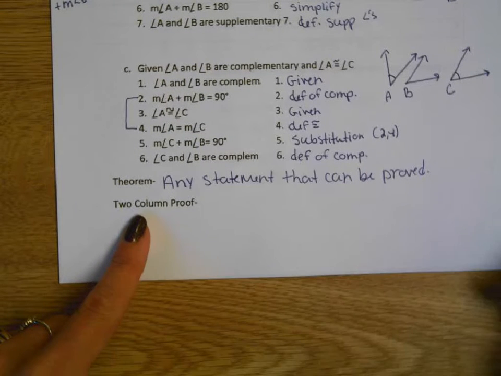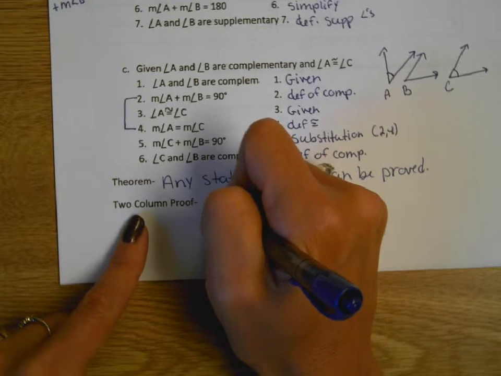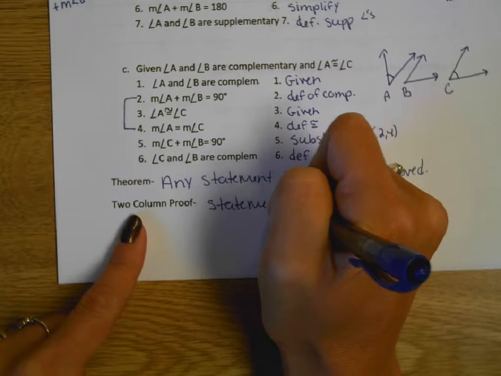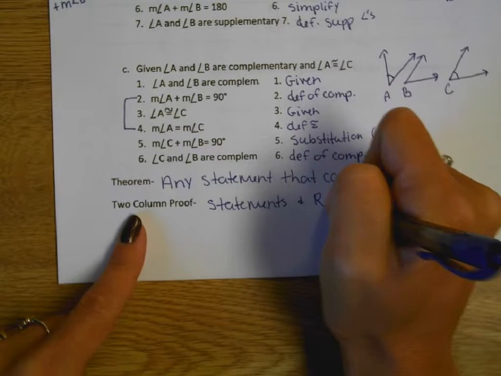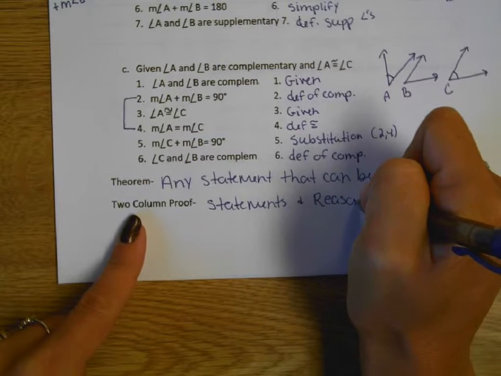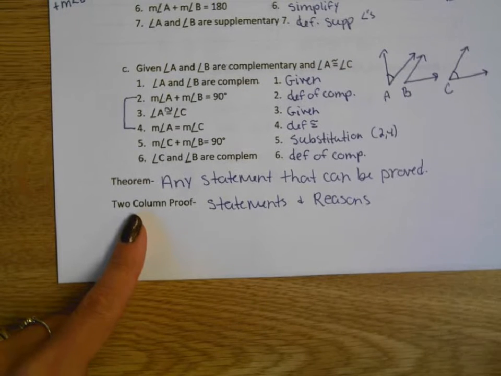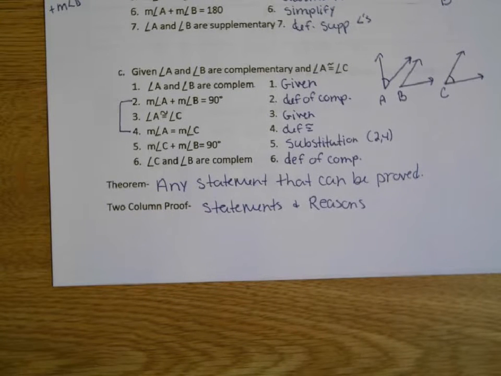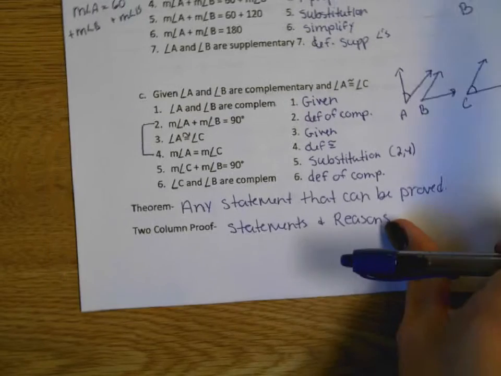What we did just now 3 times is very, very similar to a two-column proof. You have statements in one column and reasons in the other column. Your reasons are your justifications. So we are going to prove a theorem.